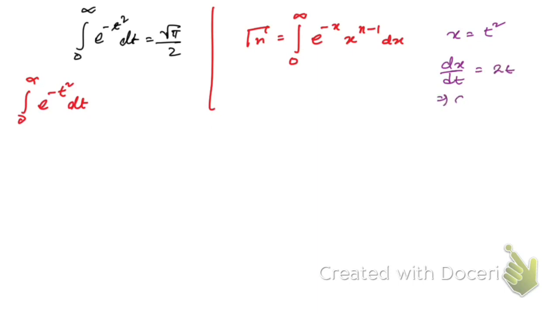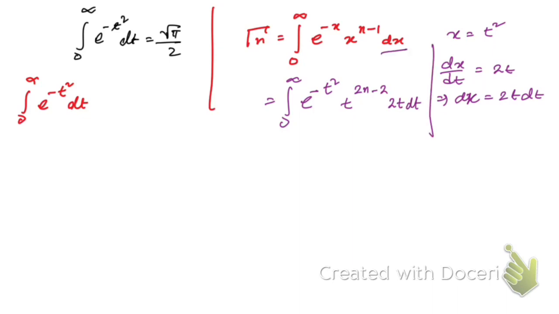So dx is equal to 2t dt. If you replace x by t square, then x to the power n minus 1 becomes t to the power 2 into n minus 1, that is twice n minus 2, and dx is replaced by 2t dt, right?